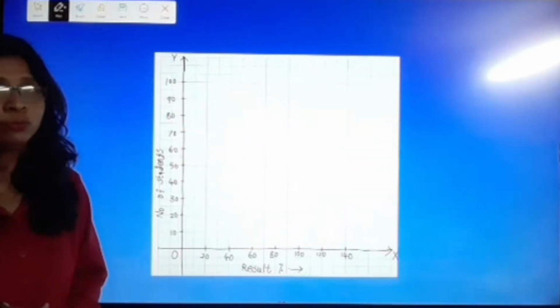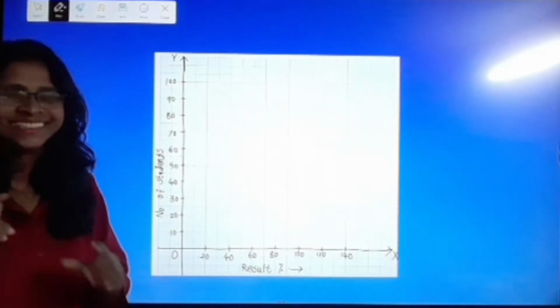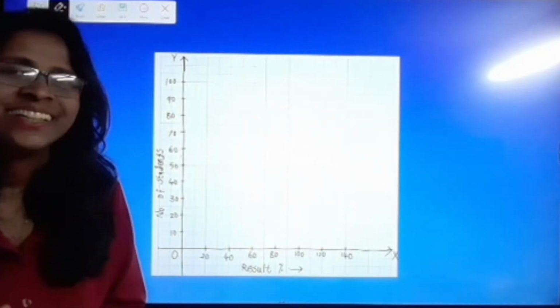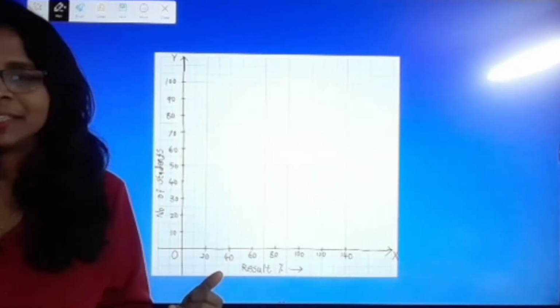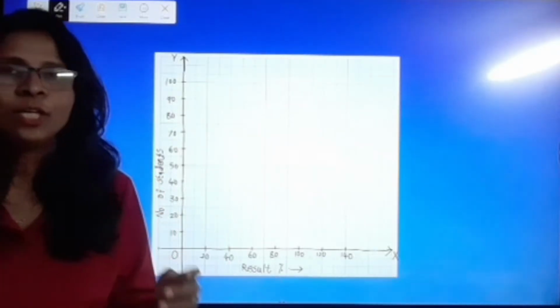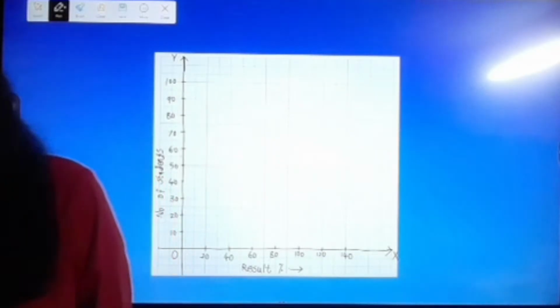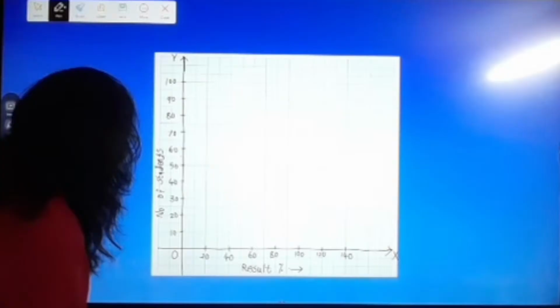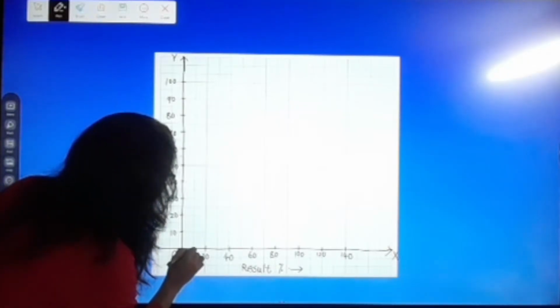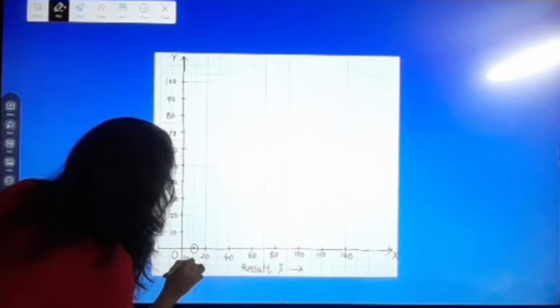So you know that the coordinate points are xi by fi. The first one is 10, 0. Where is the position of 10, 0? This is the position of 10, 0. So I write down 10, 0.